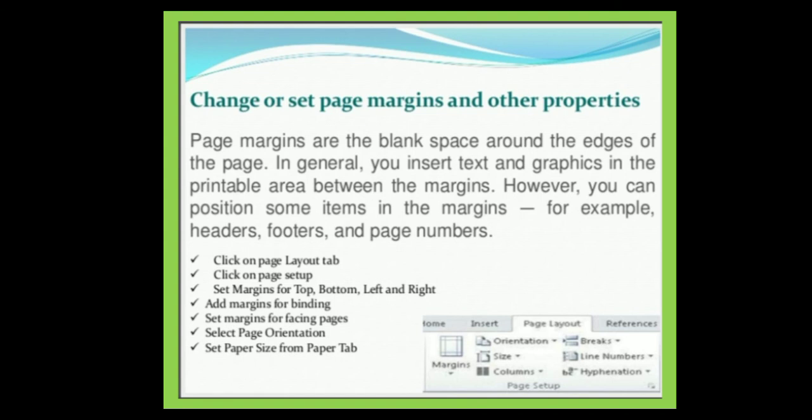Means you can write anything within the margin, and when you give an equal margin on all sides, you can see your document looks very good. However, you can position some items in the margin, for example header, footer and page number. So you provide a sufficient margin on your document, then you put the header, footer and page number of your document.